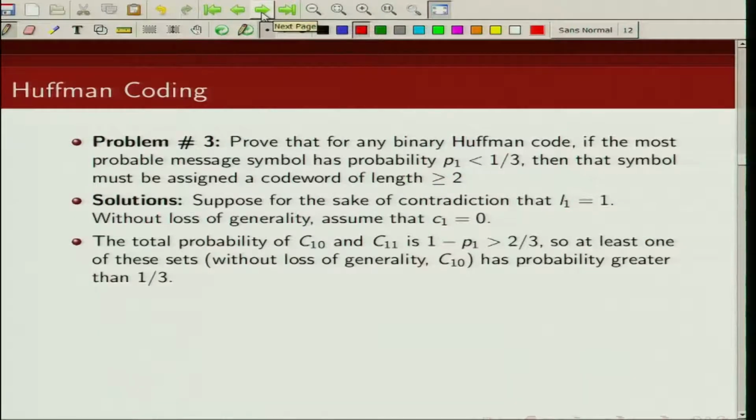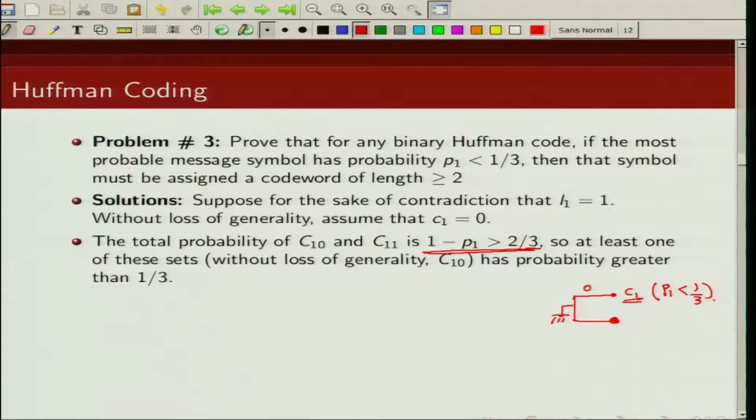Now if this is so, let's draw this tree again. This is corresponding to 0, which is C1, which has probability P1 less than 1/3. So if you look at the probability of this node, if this has probability less than 1/3, then this particular node has probability greater than 2/3.